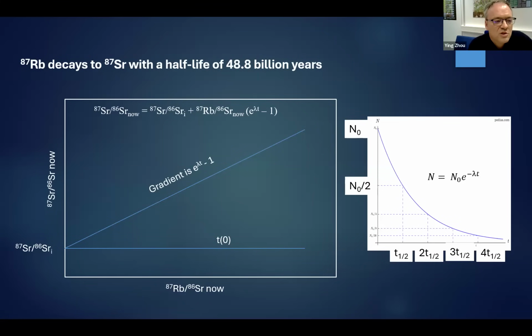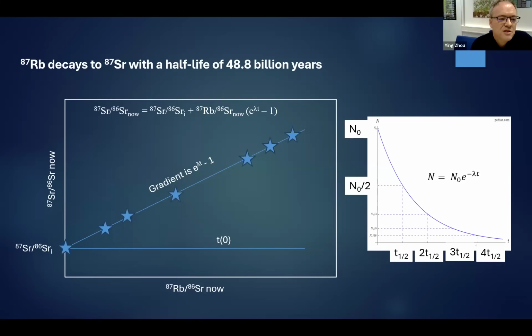To cut a long story short, the strontium isotopic ratio of the material depends on two things. Firstly, its age: with time, radiogenic strontium builds up in the material. And also its rubidium-strontium ratio: the more rubidium there was to begin with, the more radiogenic strontium you will have.